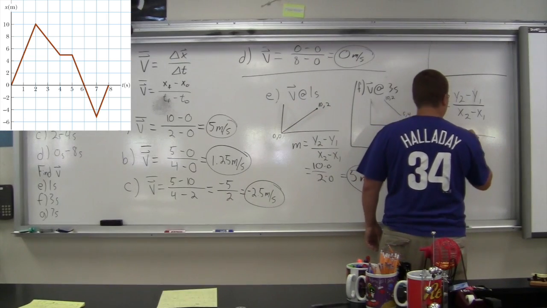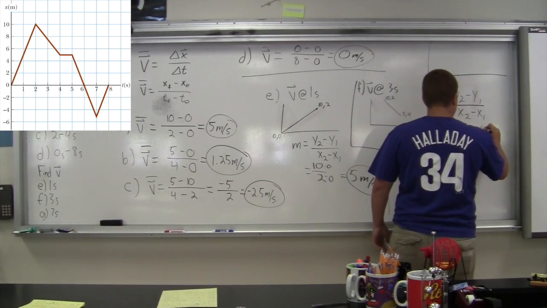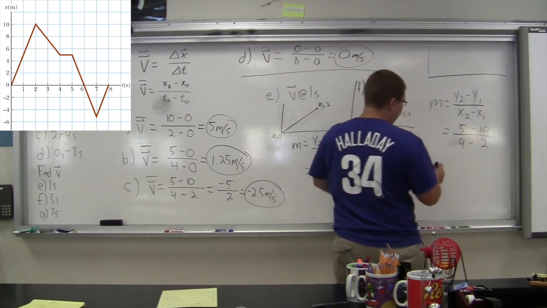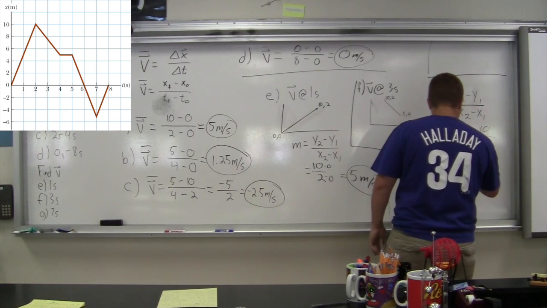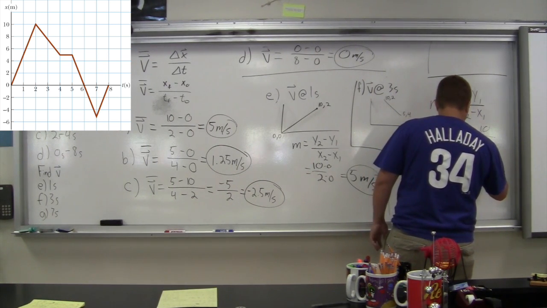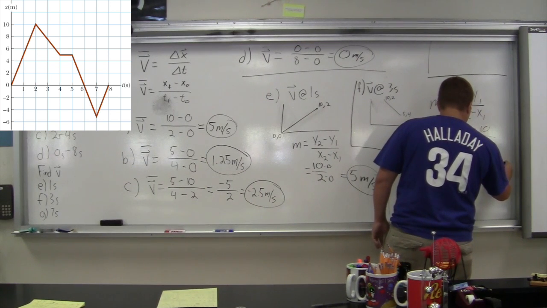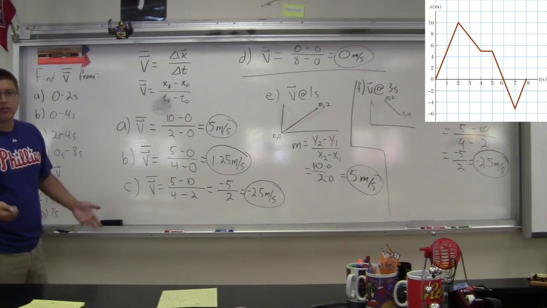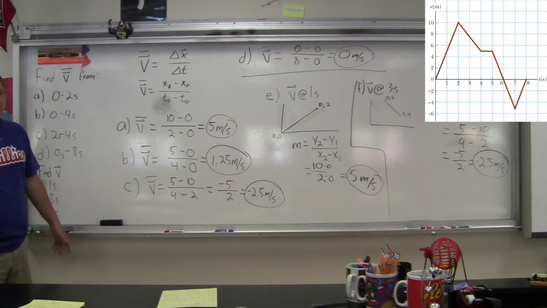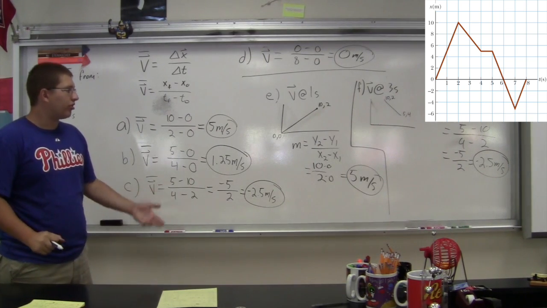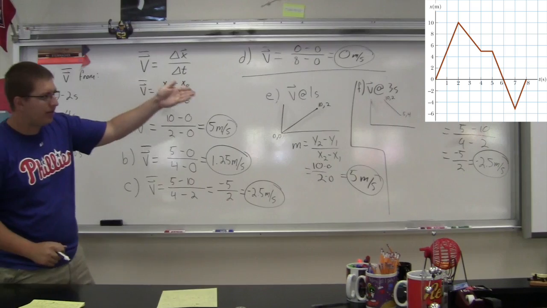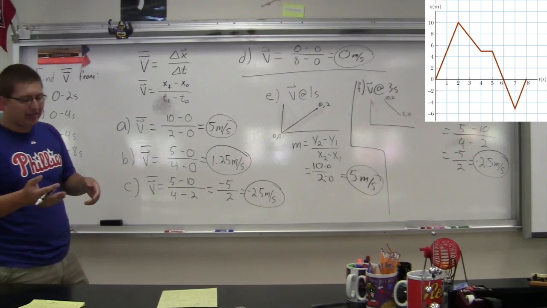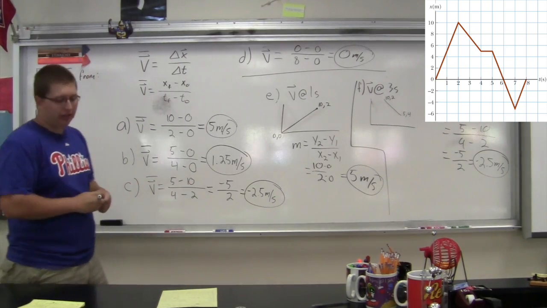Then we're just plugging in our numbers. 5 minus 10 over 4 minus 2. Looks like we're going to get a negative number, which is good. This has a negative slope. So we get negative 5 over 2, which is negative 2.5 meters per second. We did already find that before, so again, it should be the same thing. You could have just looked at the graph, realized it's got a constant velocity, so the average of negative 2.5 is the instantaneous for any single point on the line.